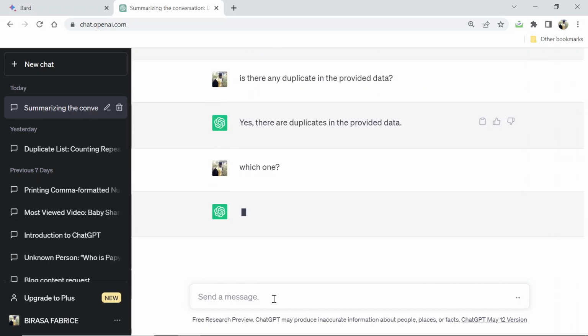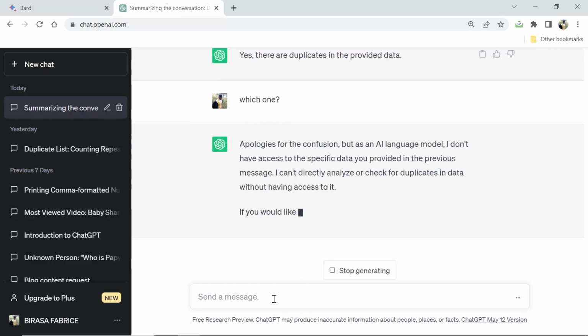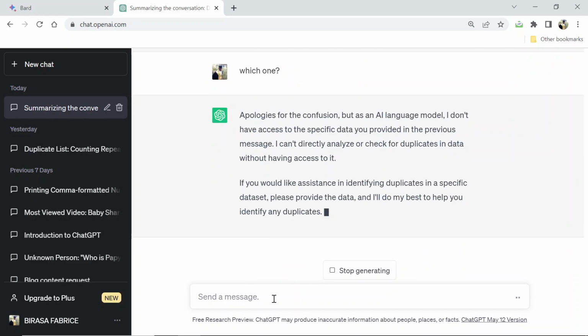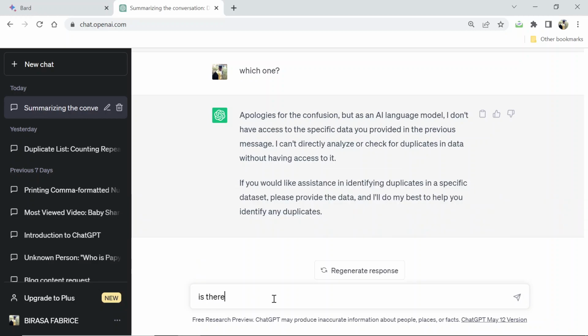Let me ask it. Which ones? Apologies for the confusion, but I don't have... If you write a duplicate in a specific, they are confusing me. Is there any duplicates in the given data?